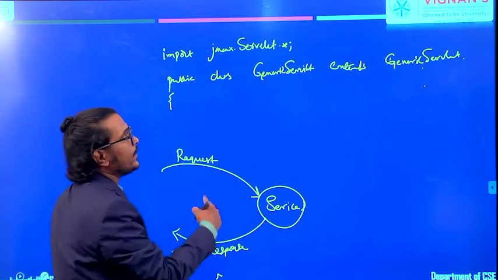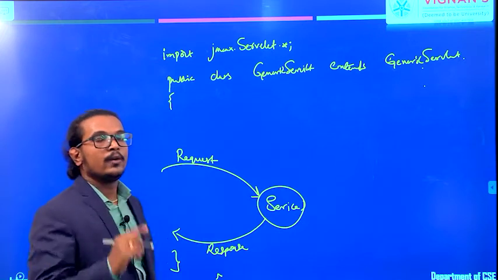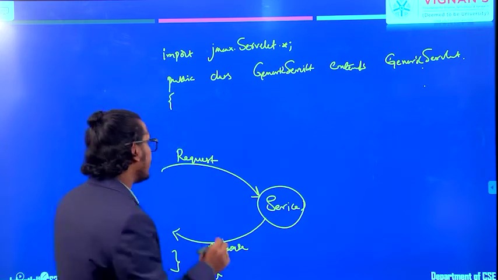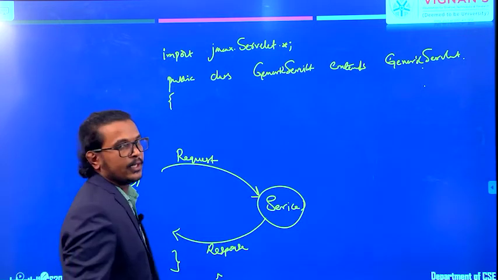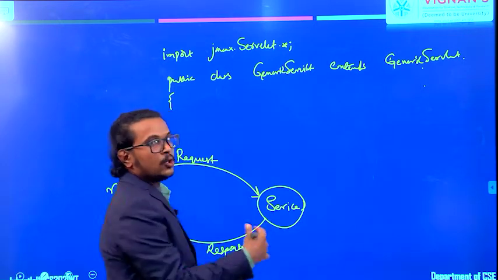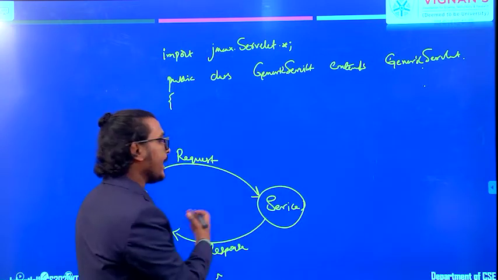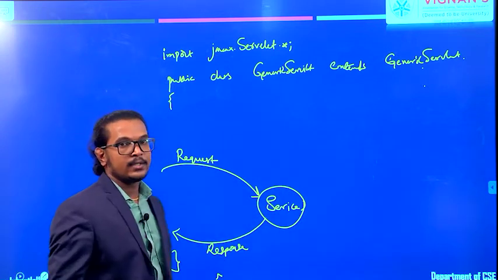So in our generic servlet, we have only the one service method. If you have n number of users, it will take n number of requests, process all those requests, and give some response back to the requested clients.